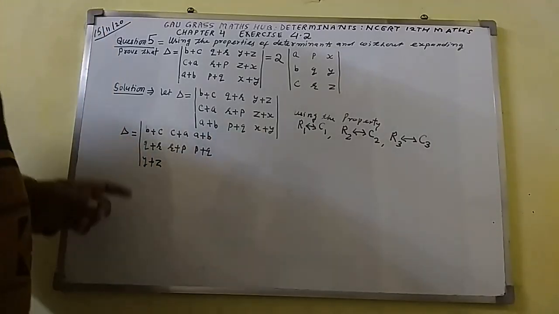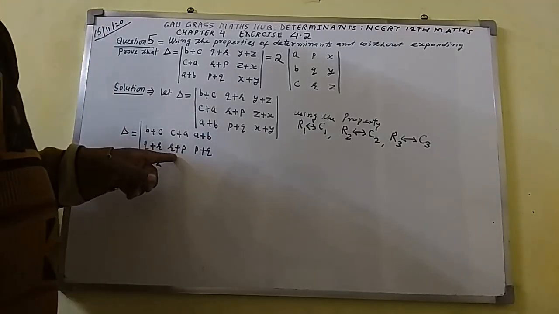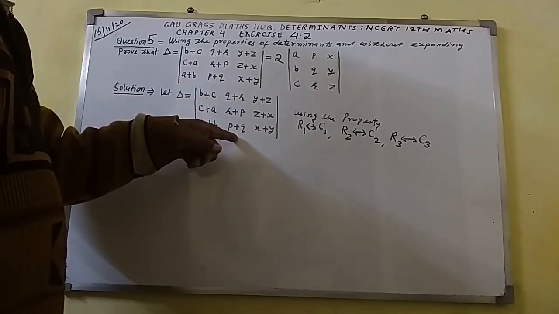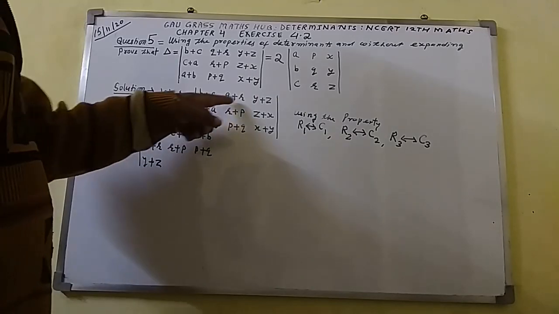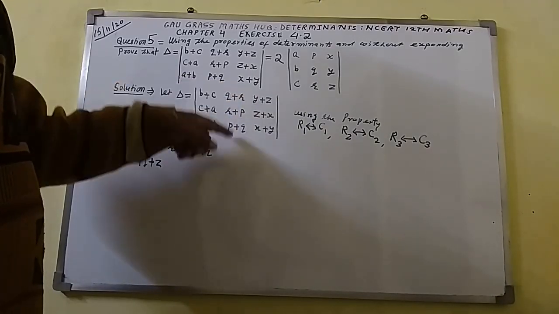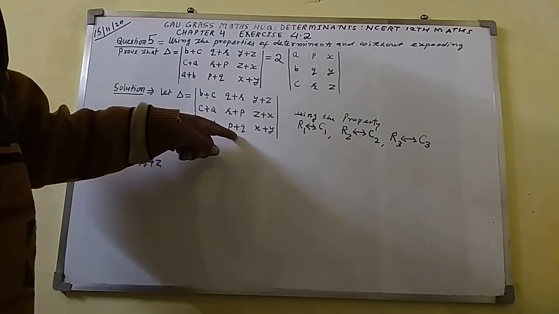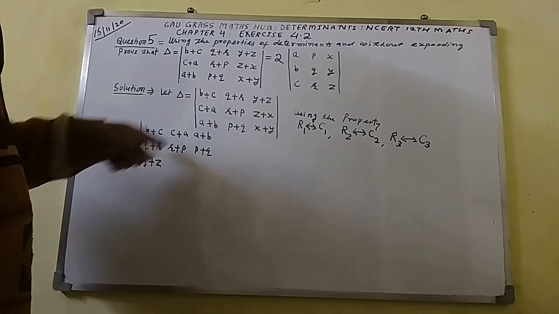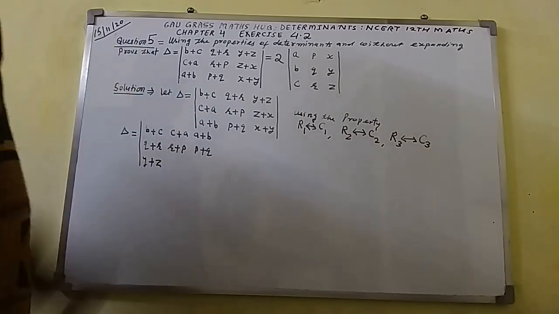This is R2, so C2 will be converted into R2 here. Tally: q plus r, r plus p, p plus q.